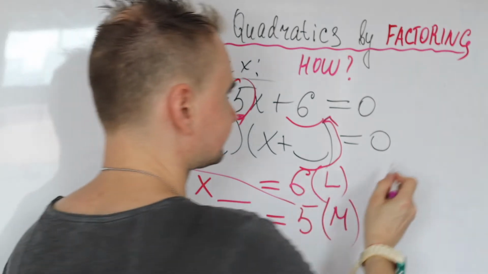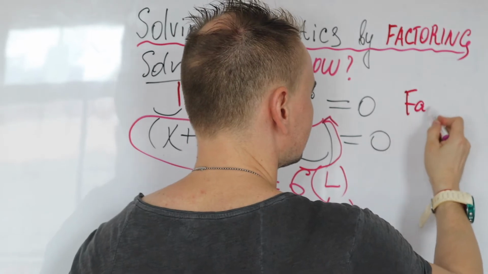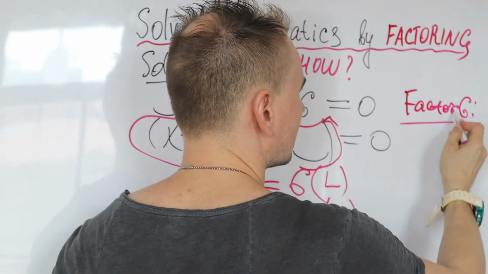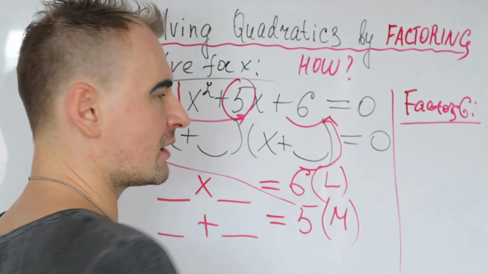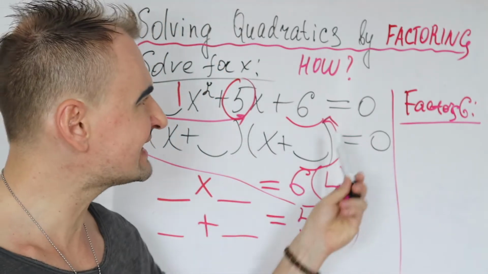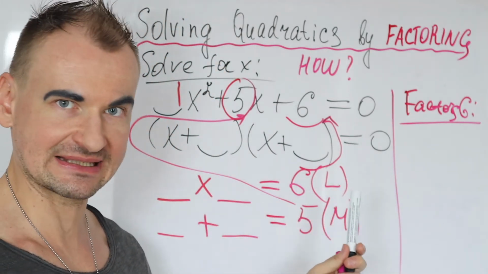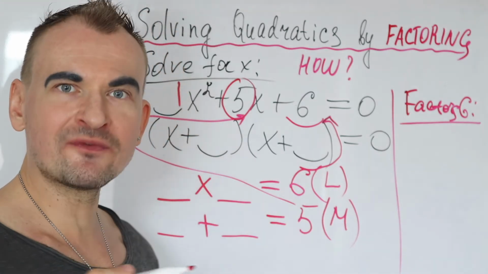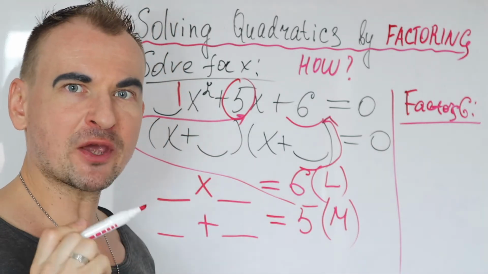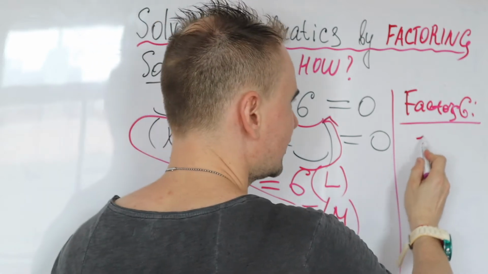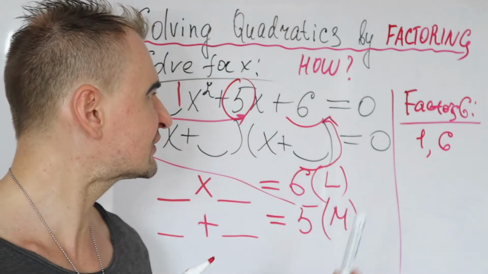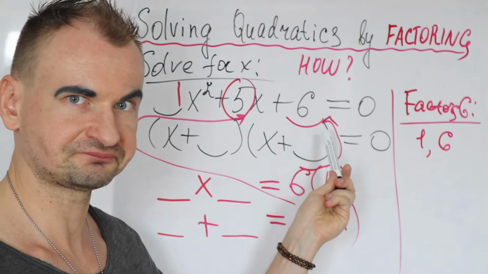Let's do it. So let's make a list of these factors of 6. You can always start with 1, because 1 and 6, their product gets to 6.